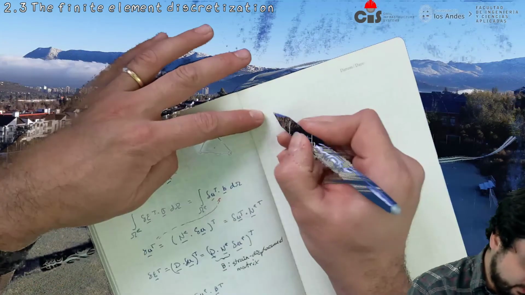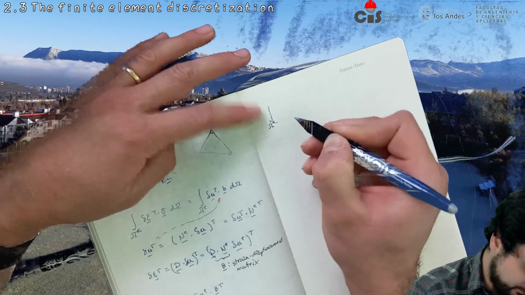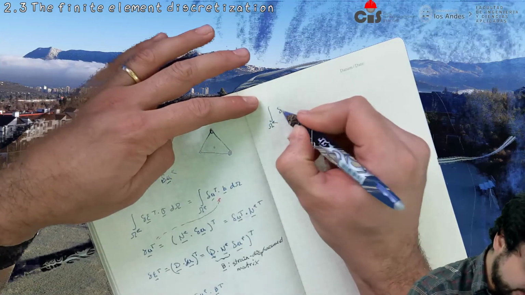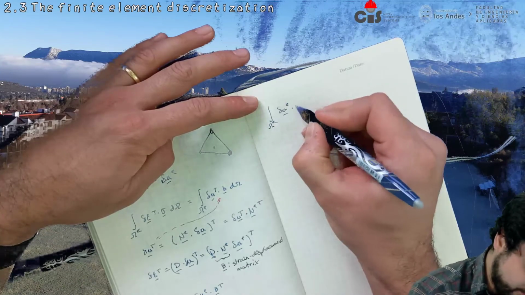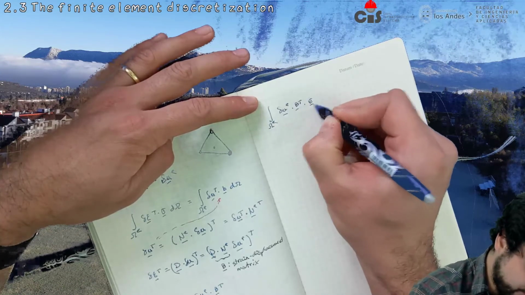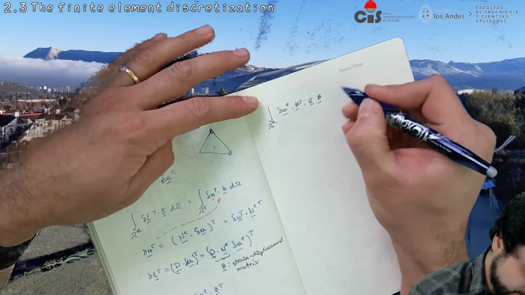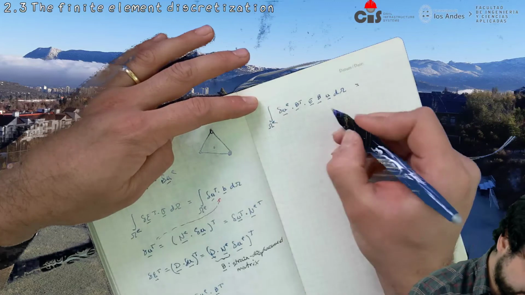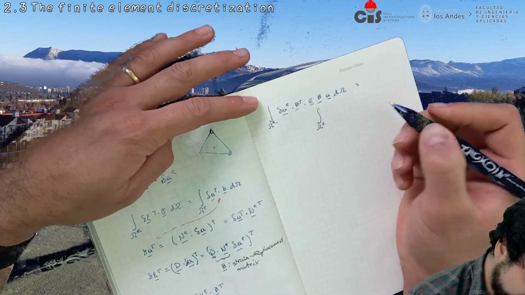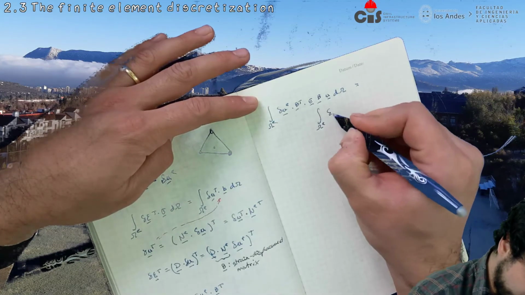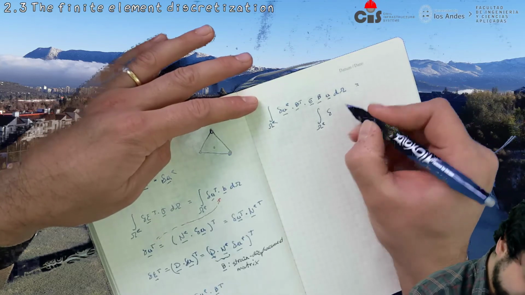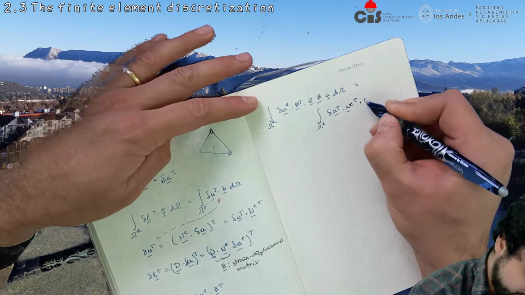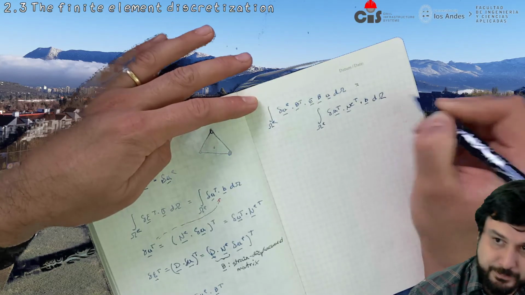We get integral over omega delta UE transpose B transpose E B UE d omega has to be equal to integral over omega delta UE transpose NE transpose B d omega.